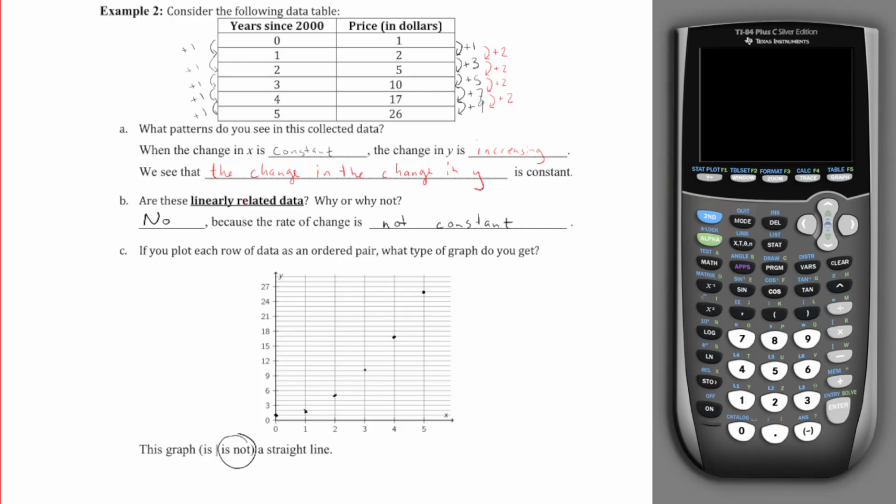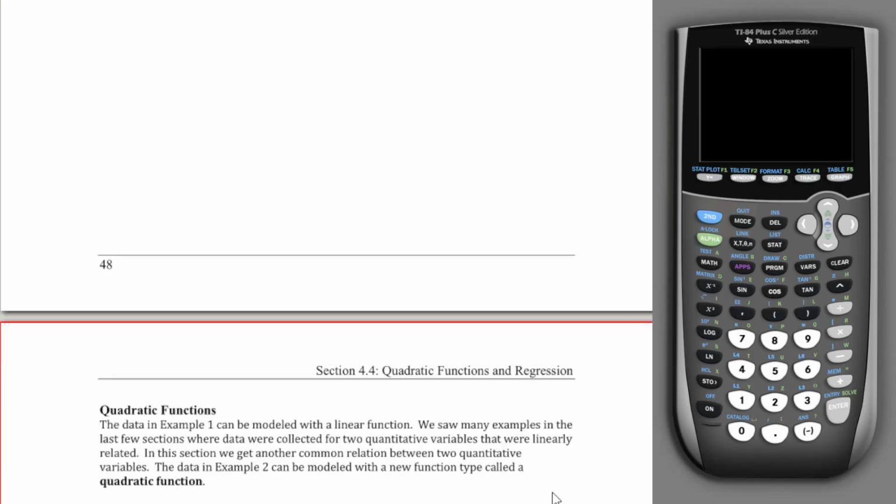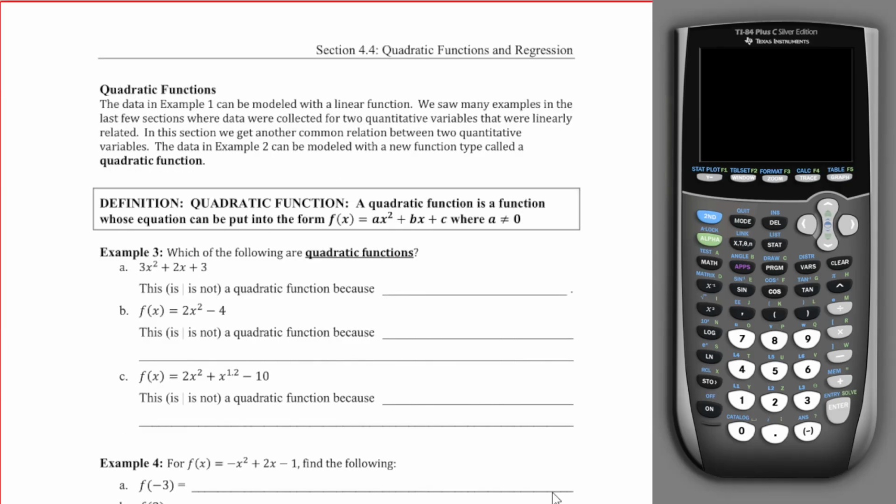We have a graph that is not a straight line. And this is a new kind of pattern. This is the new kind of pattern that we're going to be discussing in this video. This pattern is what's called a quadratic pattern.